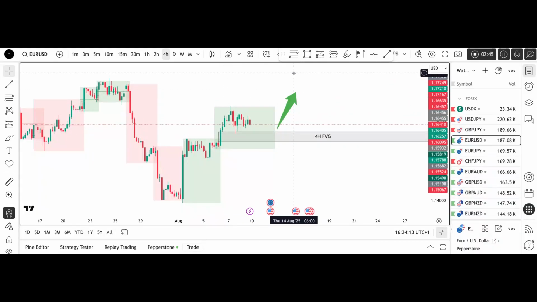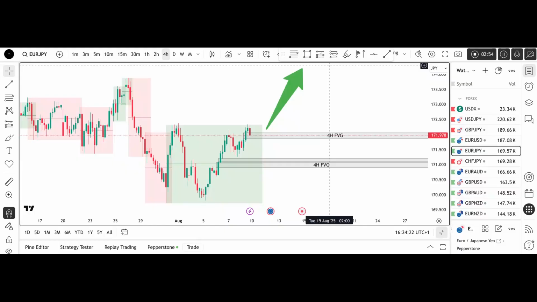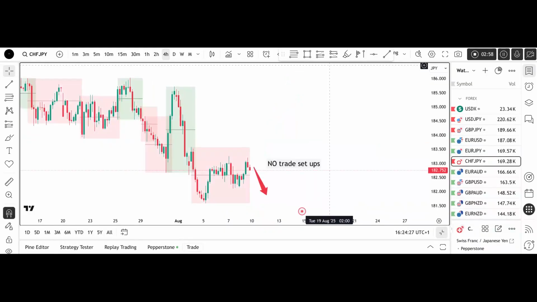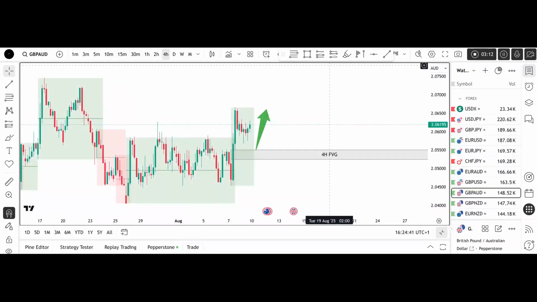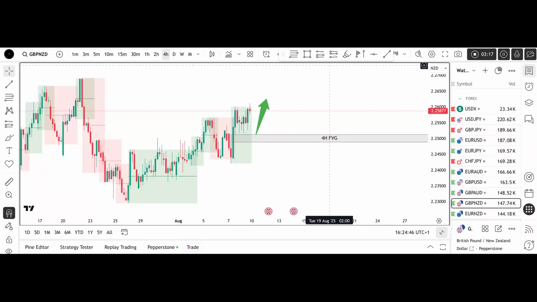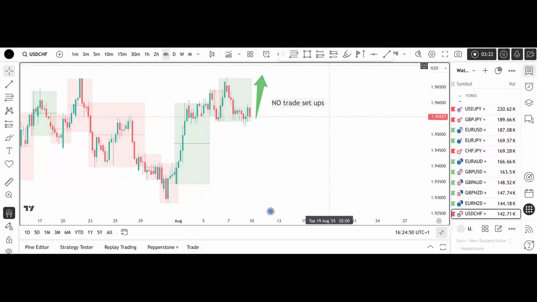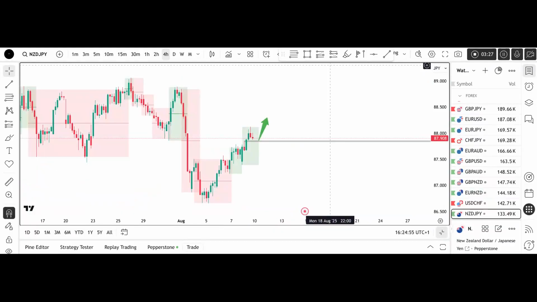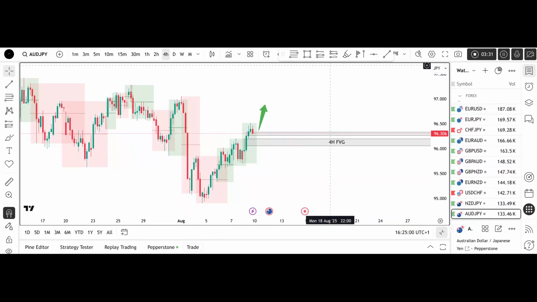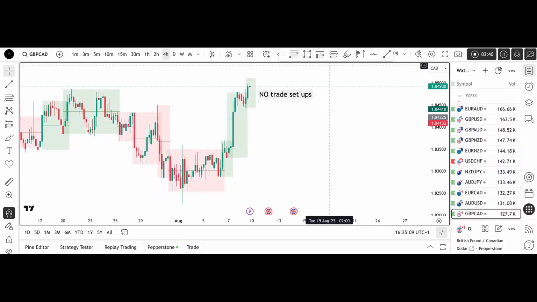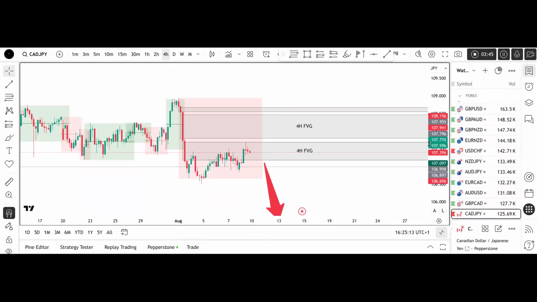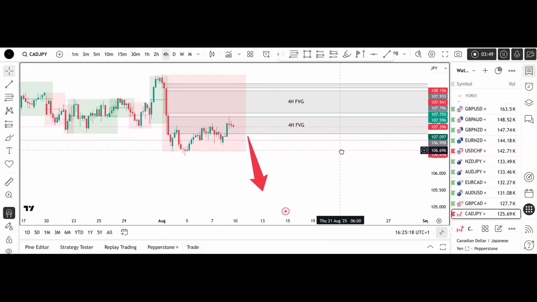Reacted to it nicely, managed to scalp out some pips on the EURUSD. Loads of trade opportunities on CAD JPY.